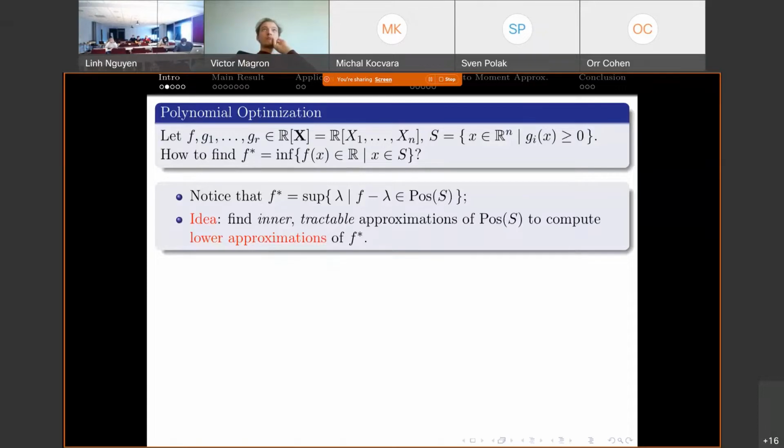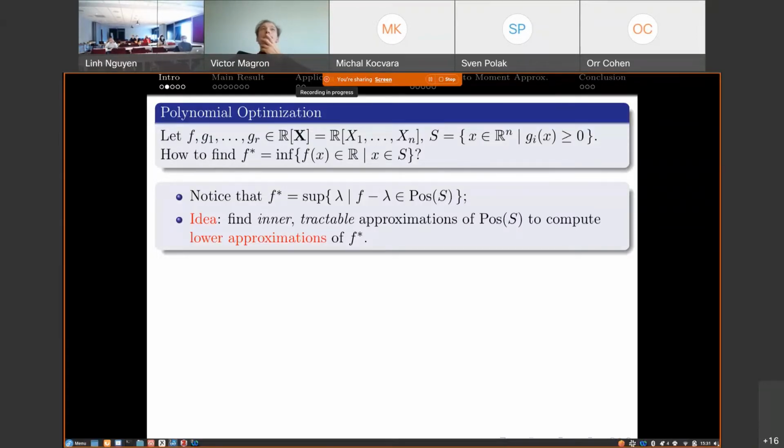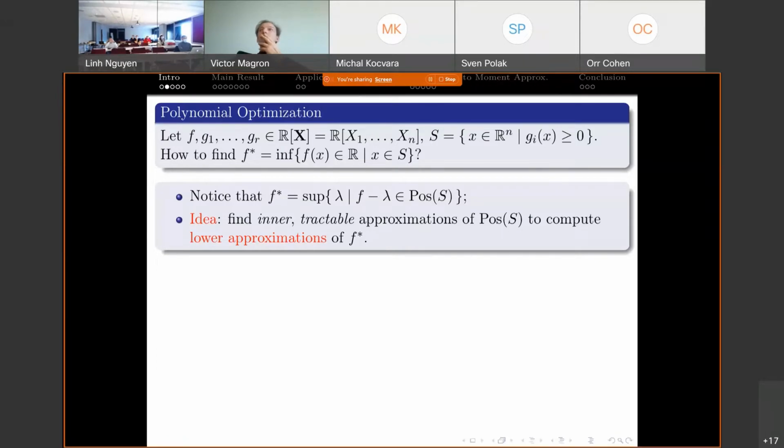So we will have our objective function f, that is an n-variate polynomial, and we will have our constraints g1, ..., gr that define the basic closed semi-algebraic set S, and the goal of polynomial optimization is to find f star, that is the infimum of f over S. The first observation is that f star is equal to the supremum of lambda such that f minus lambda is a positive polynomial on S, but the convex cone of positive polynomials is intractable.